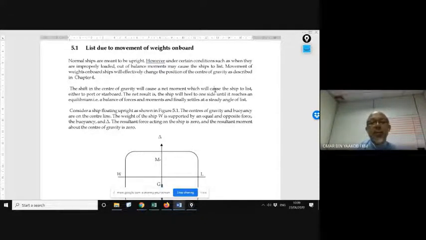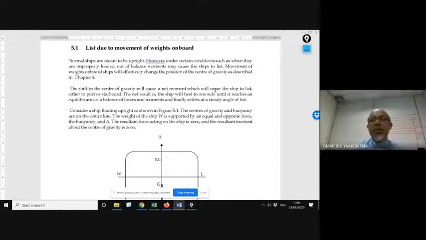Basically, the ship is normally meant to be upright. In normal condition, we want the ship to be upright. But in certain conditions, when it is improperly loaded, there will be out-of-balance moments, which may cause the ship to list or heel.